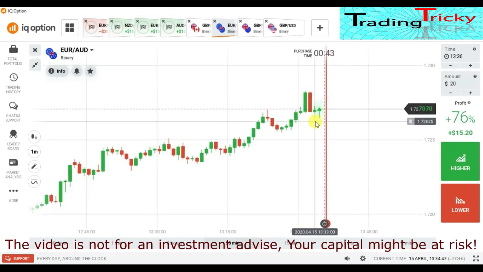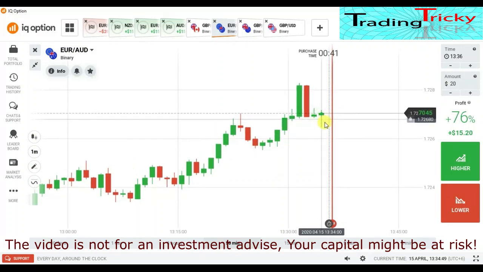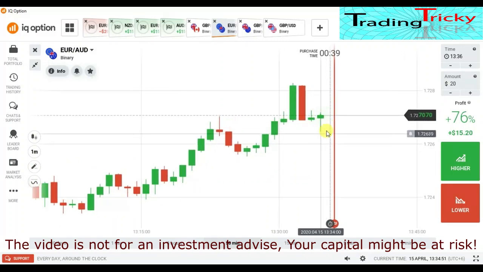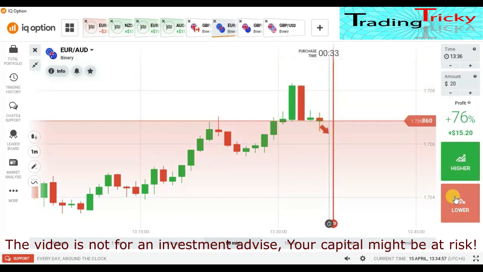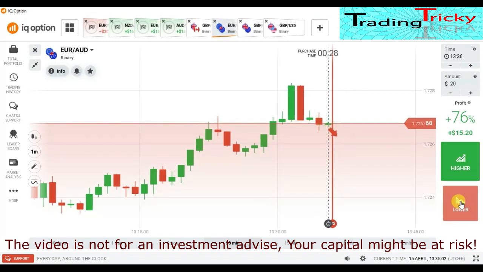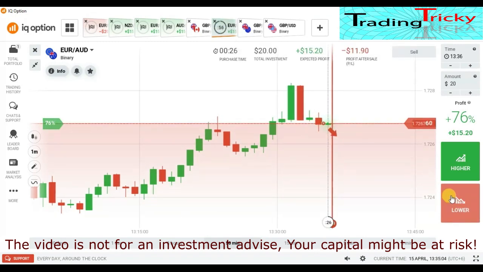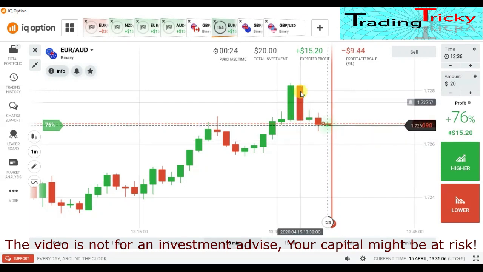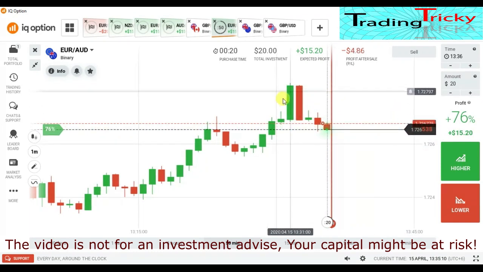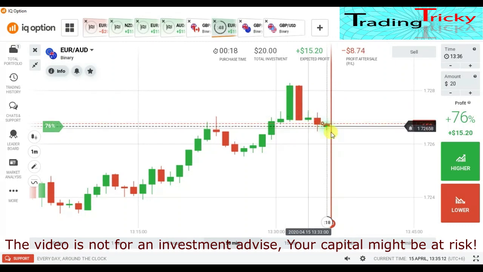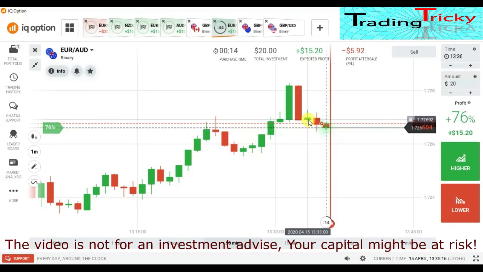Got some strong sellers, and the sellers made a new low. Okay, I'm going to place a lower option. I have placed a lower option because I saw the market got rejection from this round number, strong sellers, and there are a few buyers' entries, but very weak buyers.